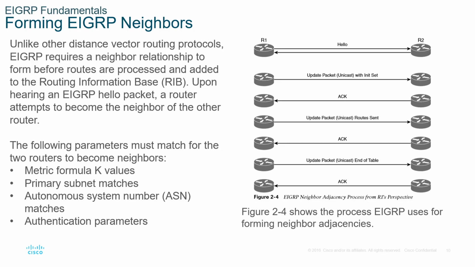The primary network or subnet needs to match. They have to be part of the same autonomous system. And EIGRP has authentication parameters, so you can challenge your neighbours to make sure they're an authorized device to exchange routing information with.